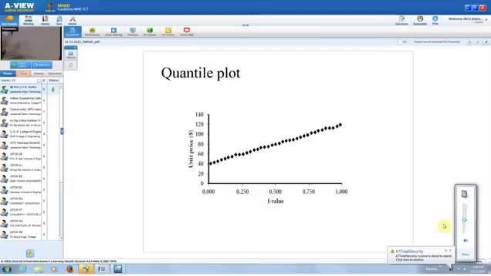So this comes. Similarly, 0.25 and 74. So this is somewhere. And then 0.35 with 75. Then 0.45 with 78.